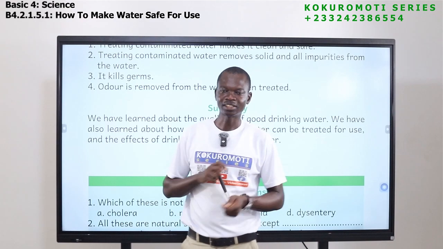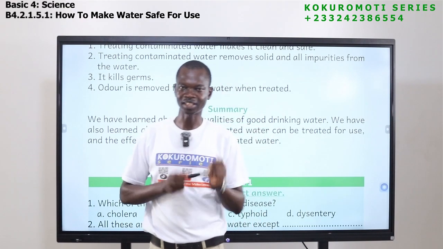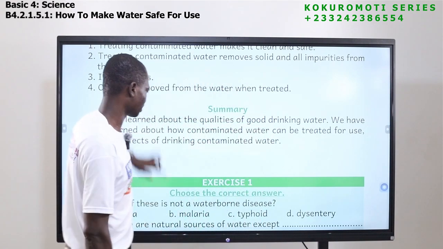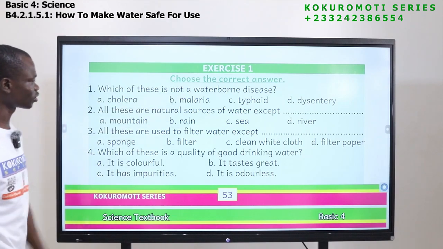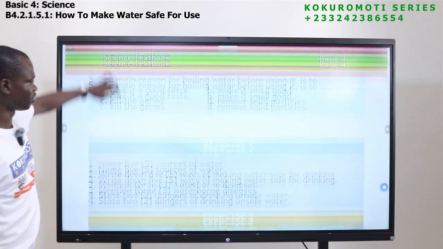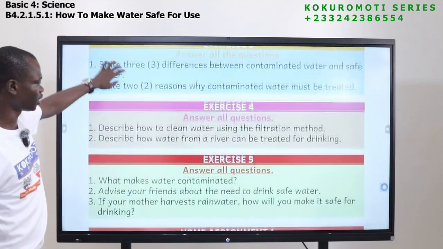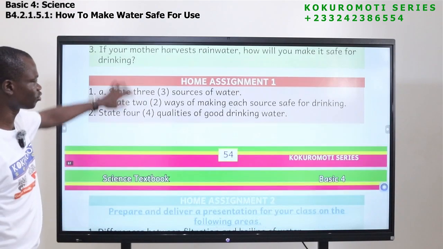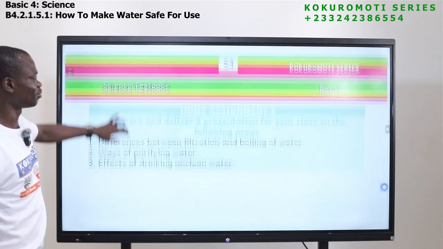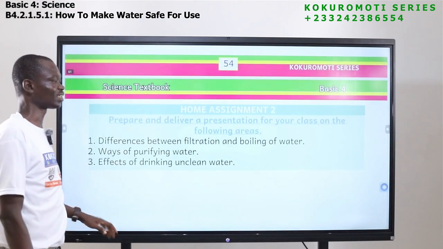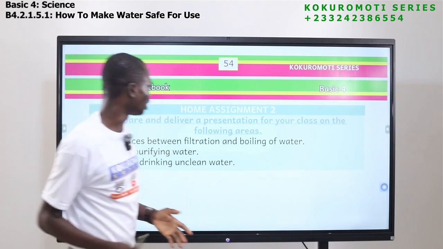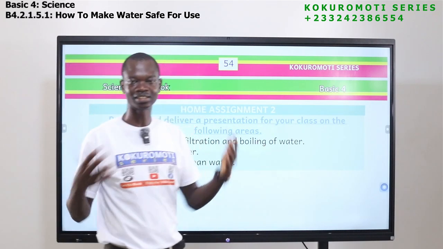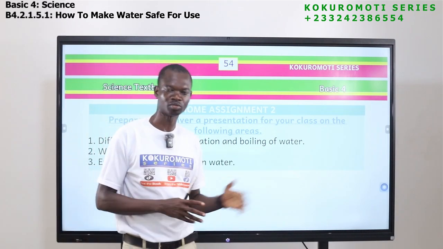Okay, so we are bringing our lesson to a close, but before that, let me show you the exercises. So we have exercise 1 here. We have exercise 2 here, exercise 3, exercise 4, exercise 5, home assignment 1, home assignment 2. So these are the things that I want you to do. So take your time and do them.